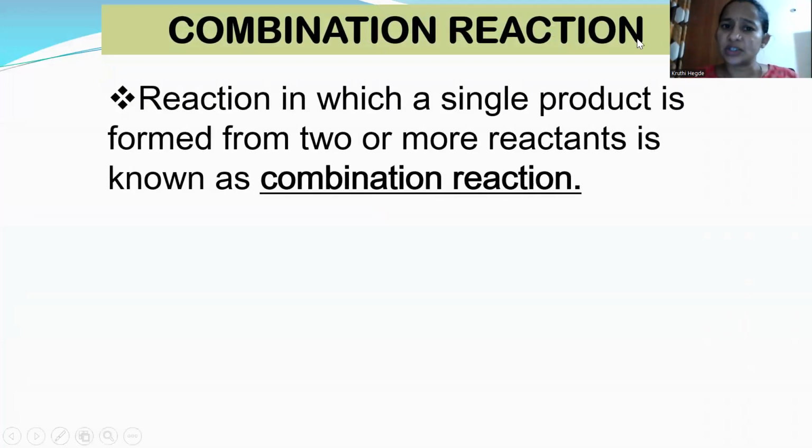What is a combination reaction? As the name itself says, it's a reaction in which a single product is formed from one or more reactants. Product should always be one, whereas reactants will be two or more. So we can represent it as A plus B giving AB.